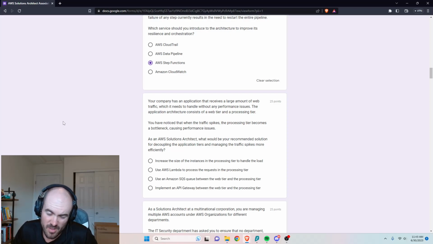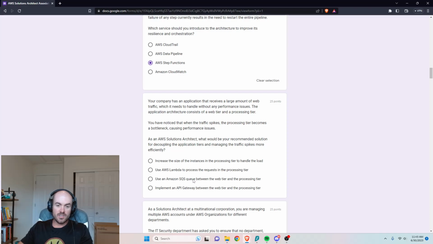I don't think that would help, because if you have a lot of requests, it doesn't matter if it's Lambda or dedicated servers, it can still get bogged down. And additionally, Lambda has a runtime limit. So if you have something that runs over a specific time limit, then Lambda will time out and fail, and that's obviously not what you want.